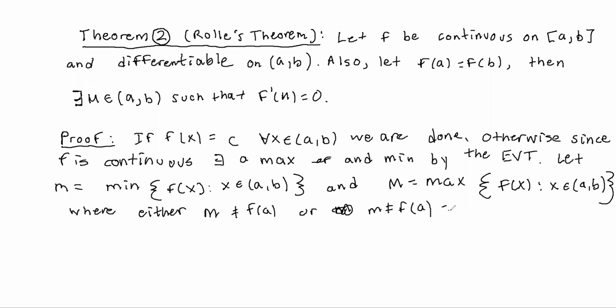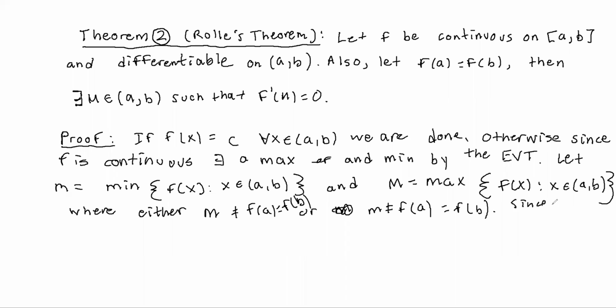And that's the same thing as f of b. So it's possible that the minimum or maximum value could equal f of a, which is the same thing as being equal to f of b. So we're saying one of them doesn't have that.